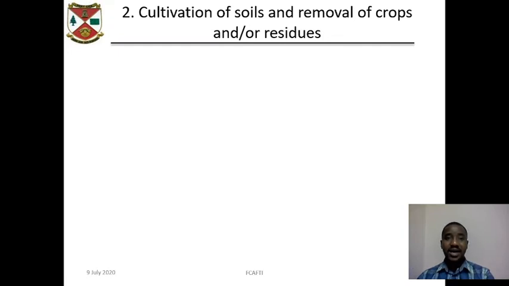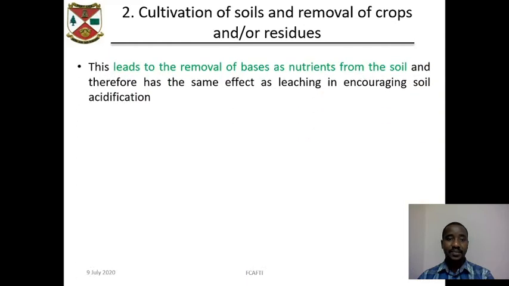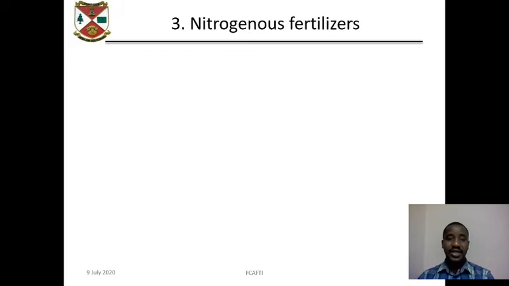Now the second one is cultivation of soils and removal of crops and residues. This leads to the removal of bases as nutrients from the soil, and it therefore has the same effect as leaching in encouraging soil acidification.